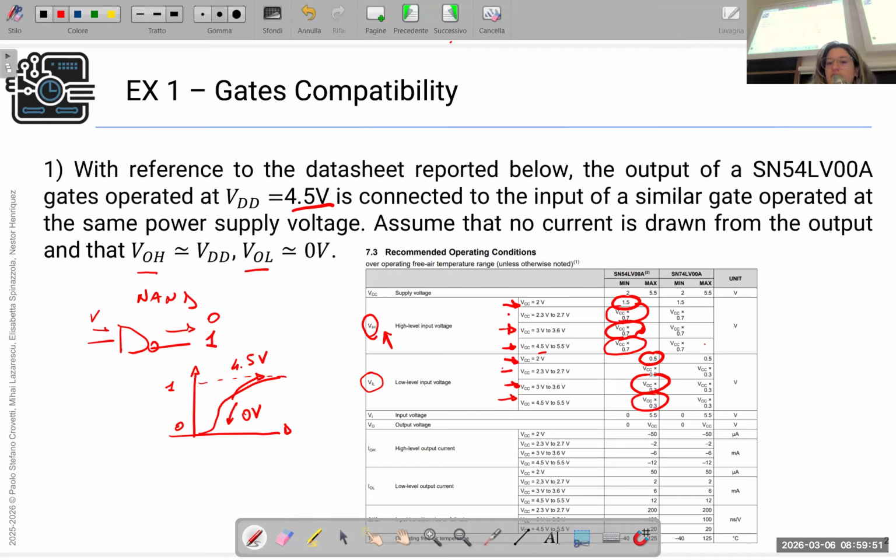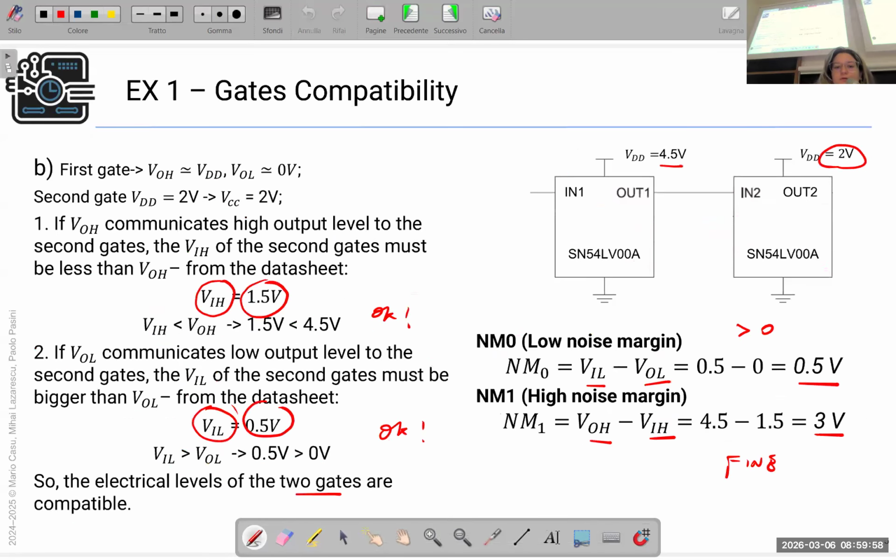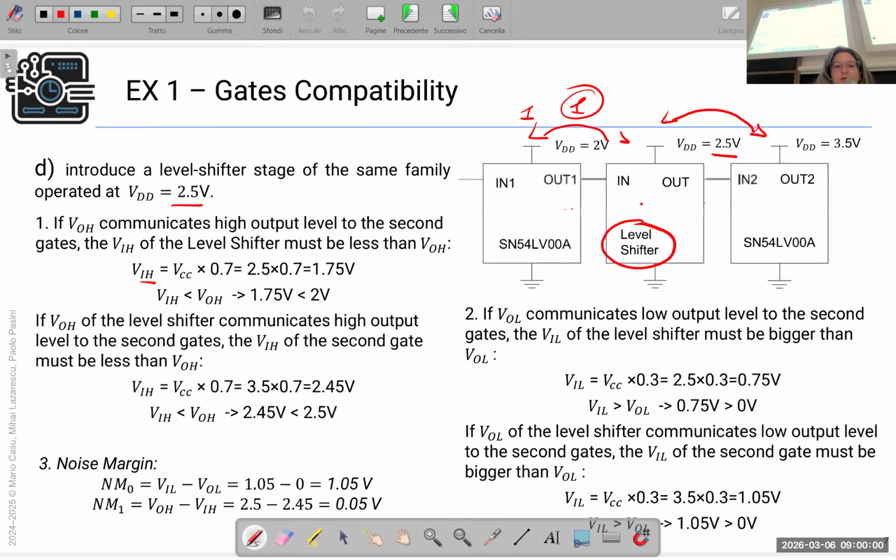Here we have the same, and we have VCC multiplied by 0.3. So let's do our calculation. In this case, for the high level, 2.5 times 0.7 is 1.75, which is minor than 2 volts.